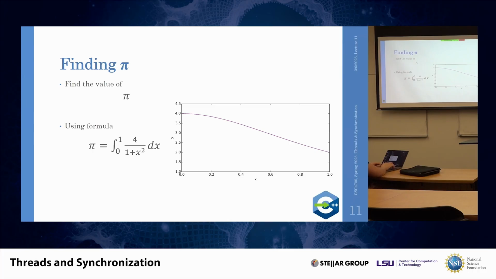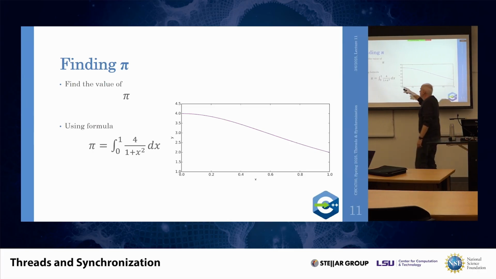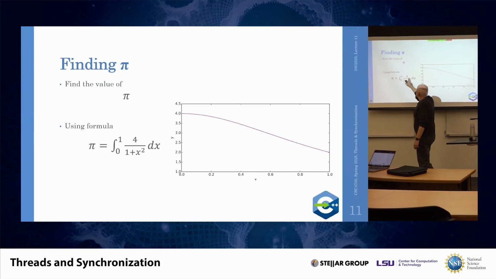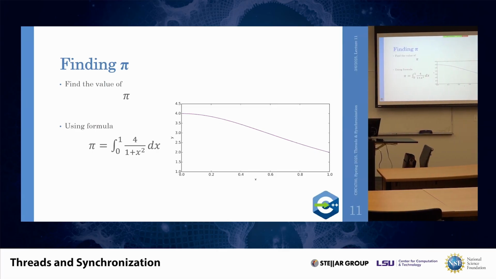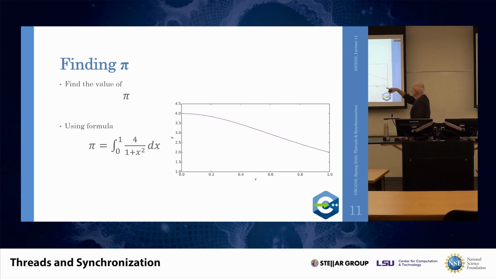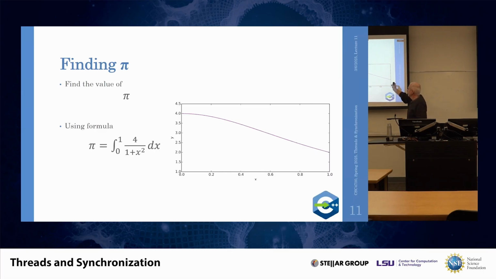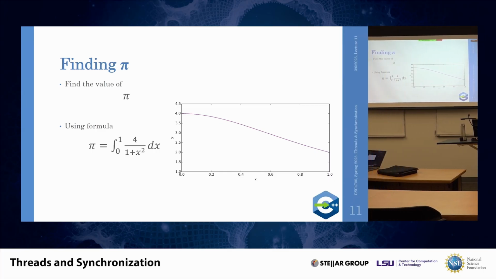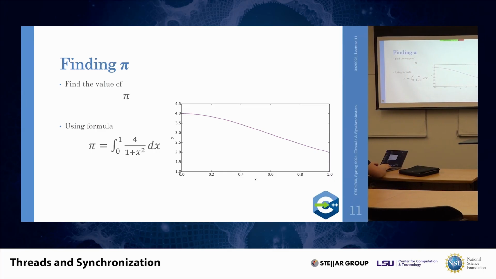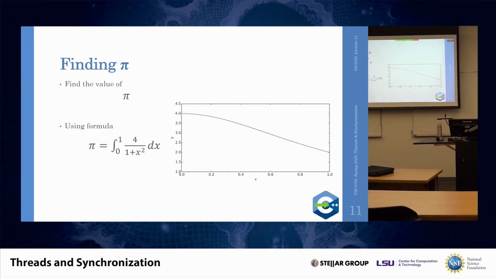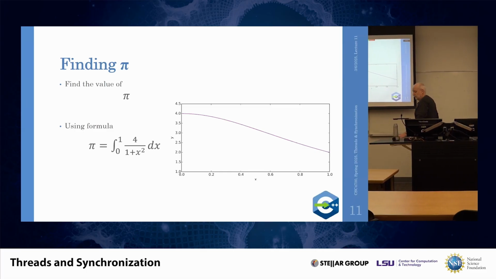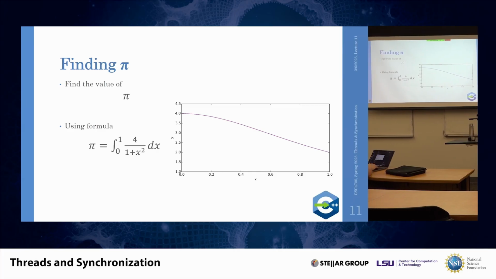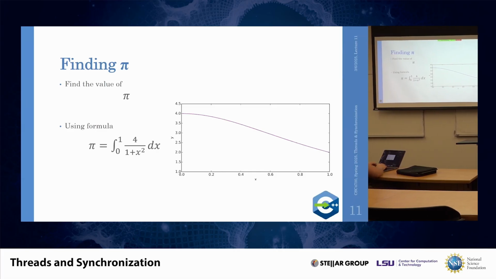So essentially pi can be computed as the integral from 0 to 1 of that given function. The function itself looks like this. If you get the area underneath that function, you get the value of pi. Again, very simple to derive. Look at various sources on the internet. If you don't believe that this is true, you can easily derive that.